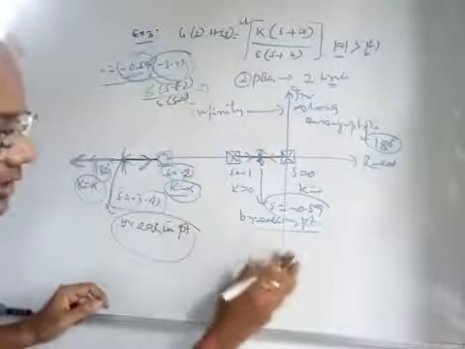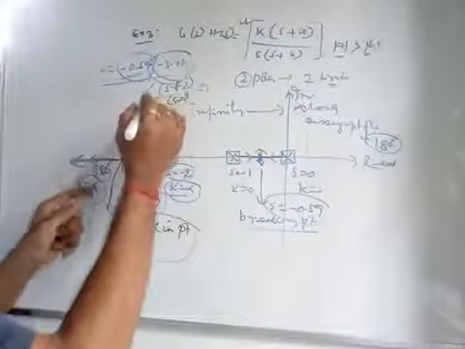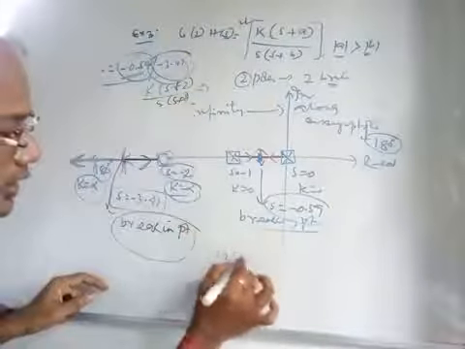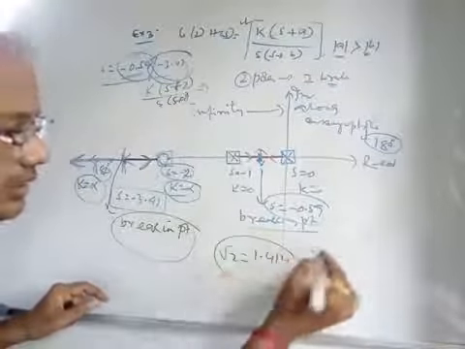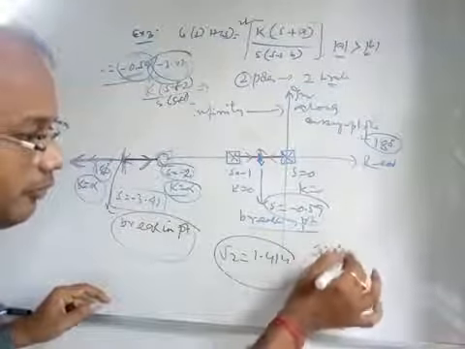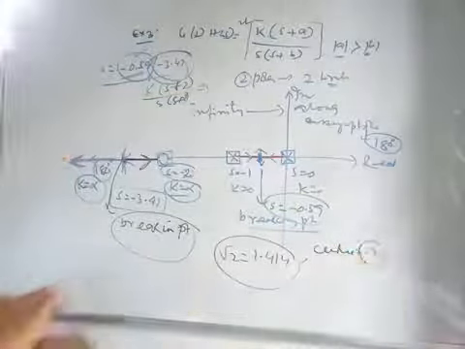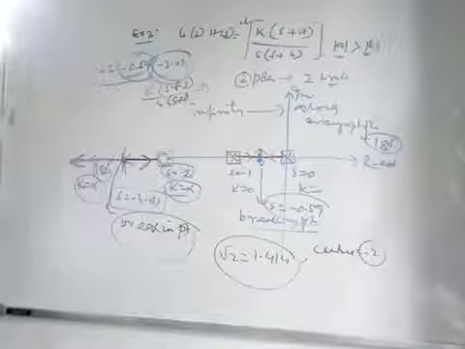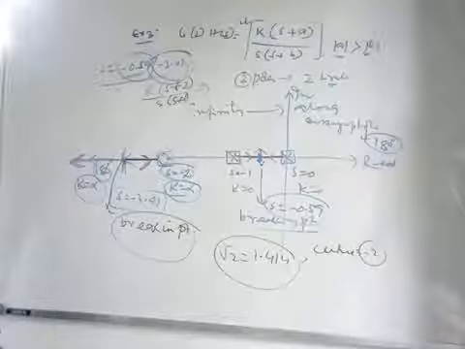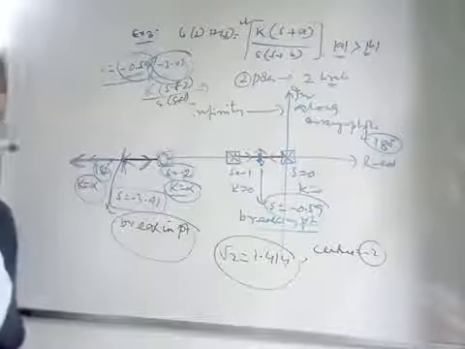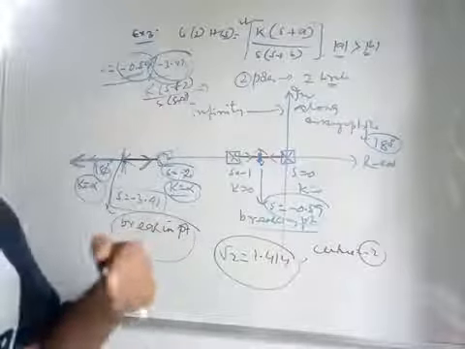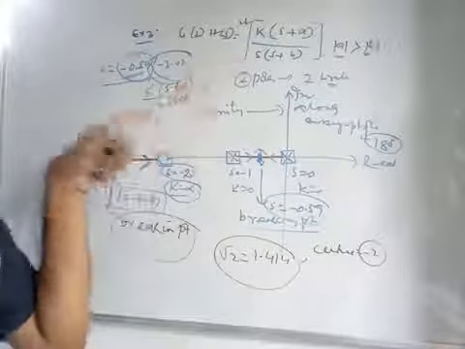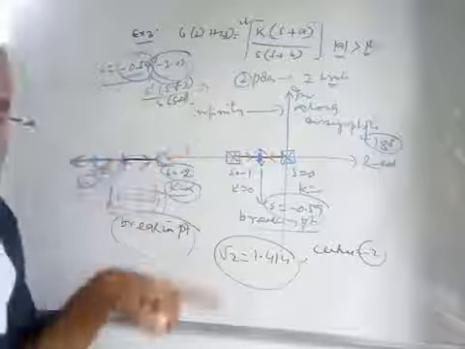What is the radius of the circle? Root 2, that is 1.414. This is the radius, and the center was at -2, right? So the center was at -2, and this was a circle having a radius of 1.414.